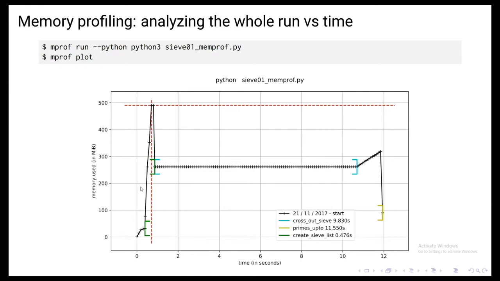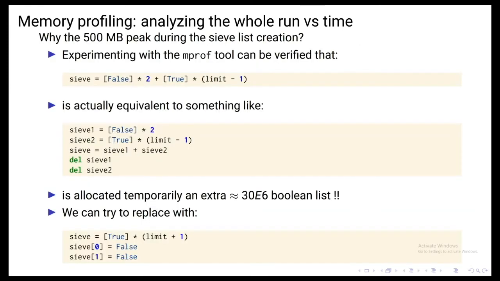If we play a little bit with this tool and the code that we had at the beginning, so far we have the creation of the CF list declared this way.